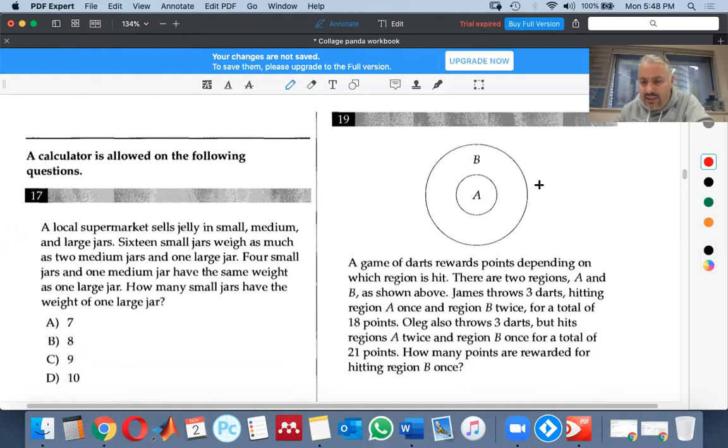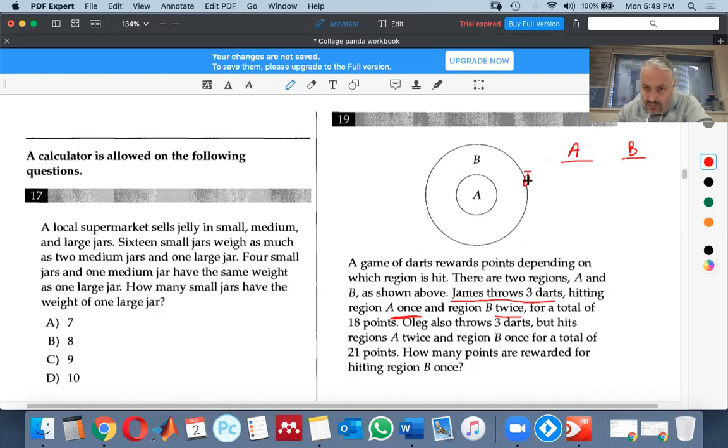Okay, 19 says: a game of darts rewards points depending on which region is hit. There are two regions, so let me say region A, region B, shown above. James threw 3 darts. Let us underline this: hitting region A once and region B twice.